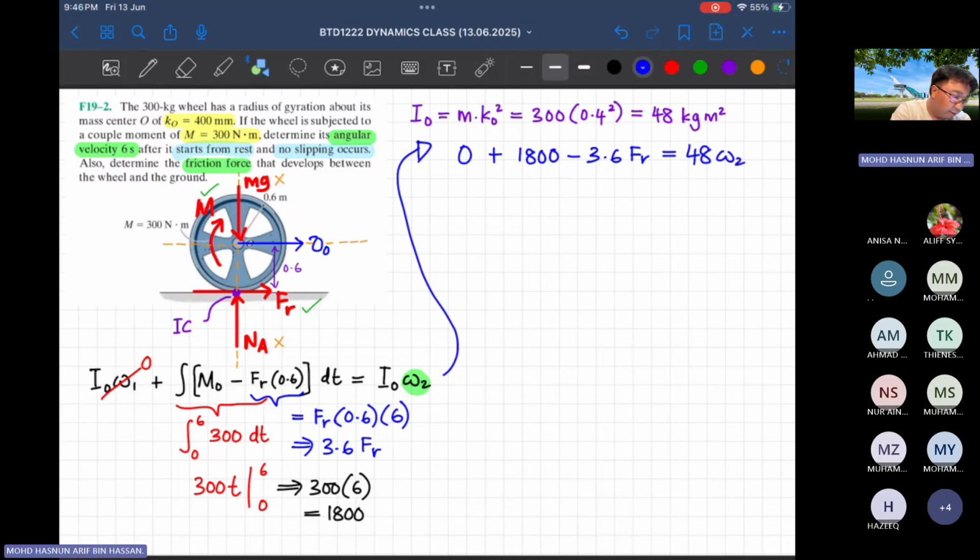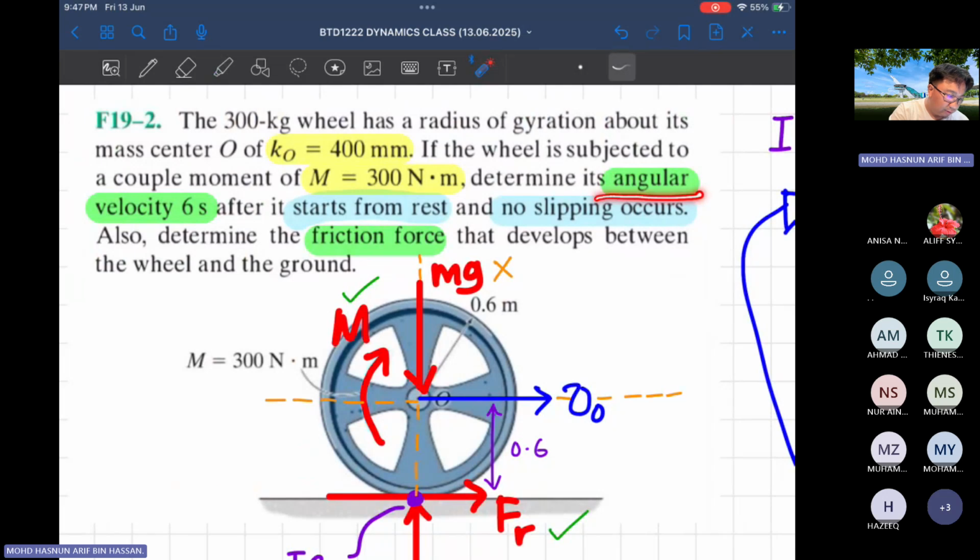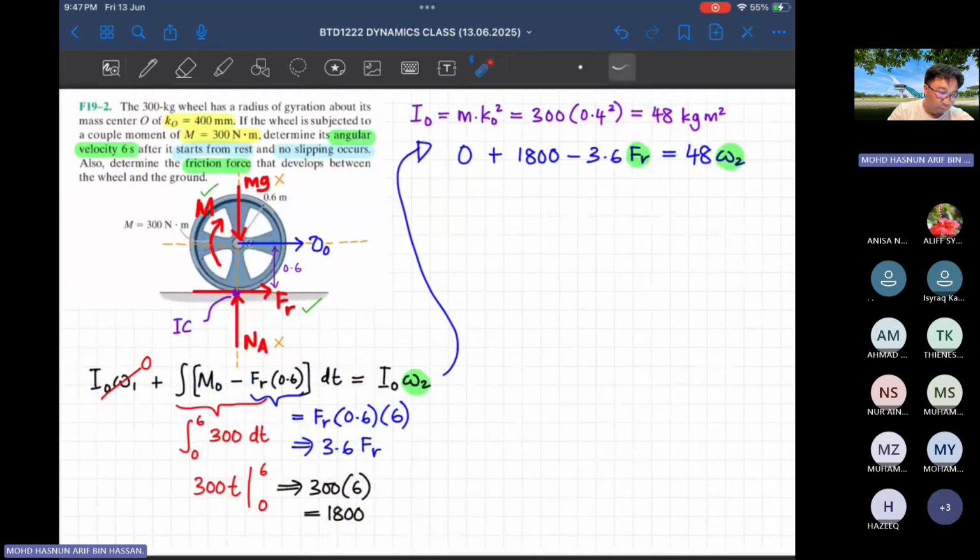You can see here that we have two unknowns: F_R is unknown, and omega 2 is also unknown. These are the two quantities that you need to find from the question. If you look at the question, one, we need to calculate the angular velocity 6 seconds after, and also we need to calculate the friction force. We have one equation here, but we cannot solve because we have two unknowns. So we need another equation.